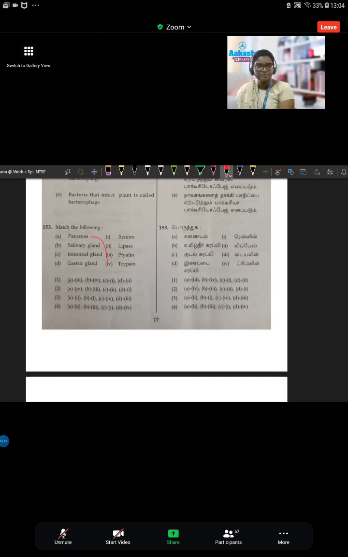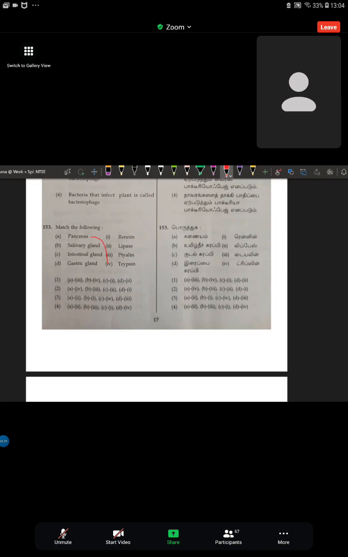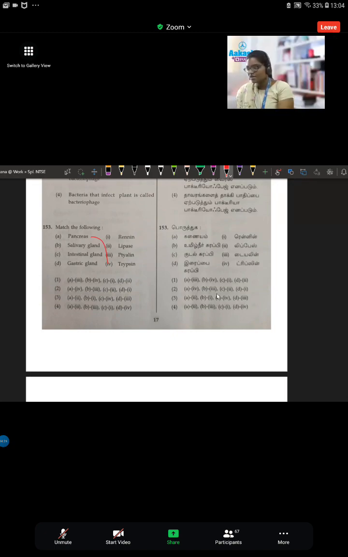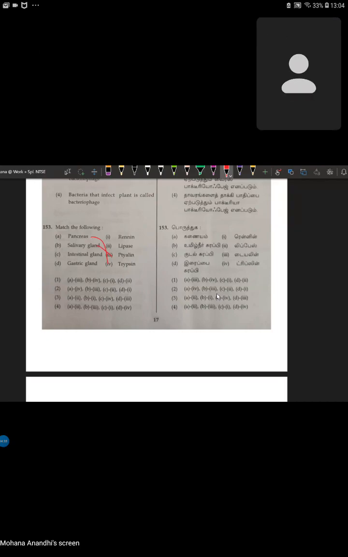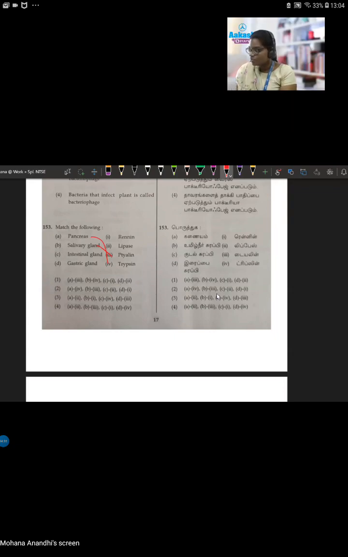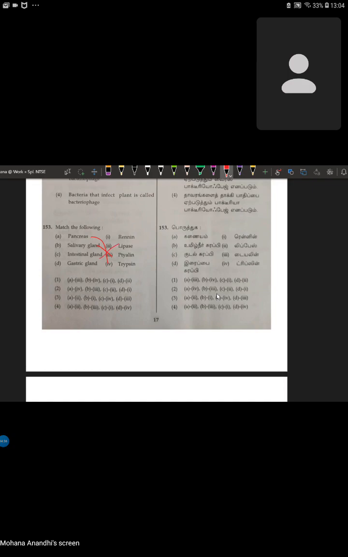Salivary gland: ptyalin, which is salivary amylase. The other name is ptyalin. And intestinal gland goes with lipase, which helps in breaking down lipids.